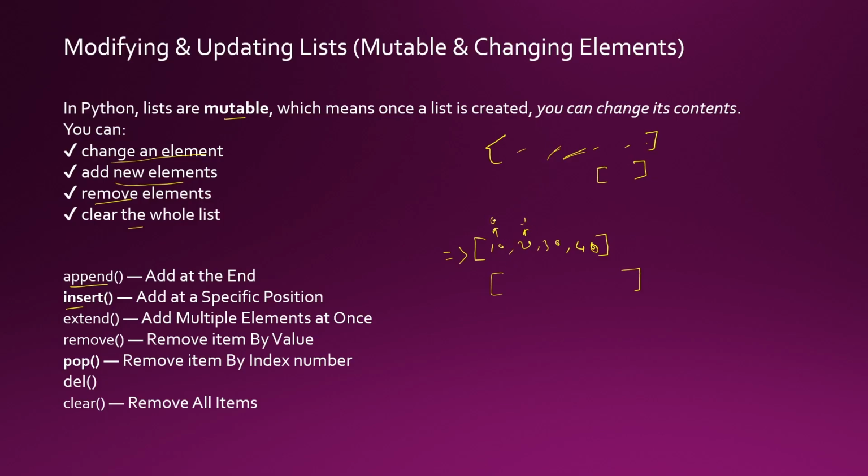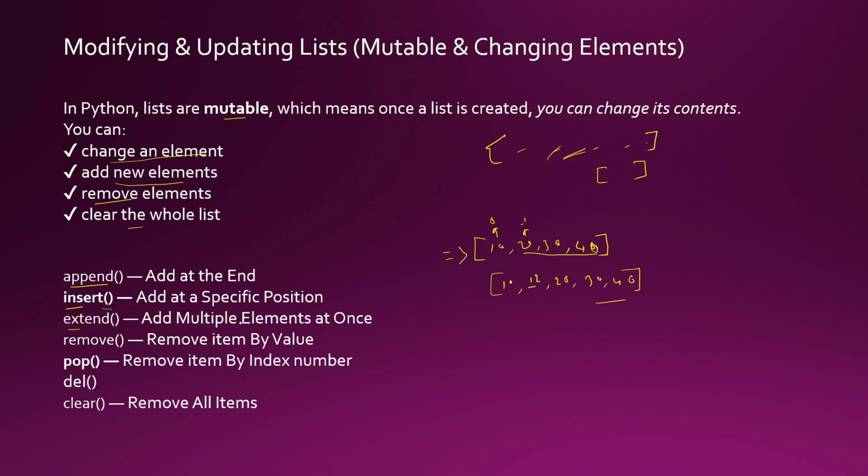Now we want to add a value in the first position, then we can do it like this. The new value will be added here, suppose 12, and all the elements will shift one place, then it continues as 30, 40, like this. So using insert, we can insert a value at a specific position.